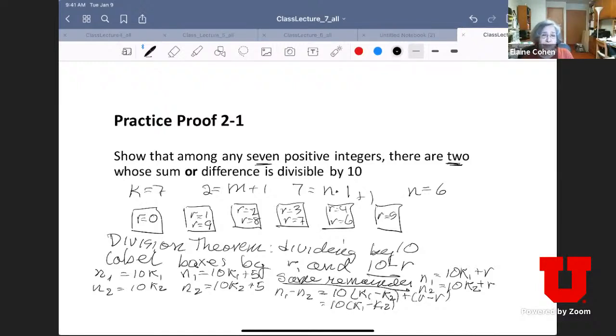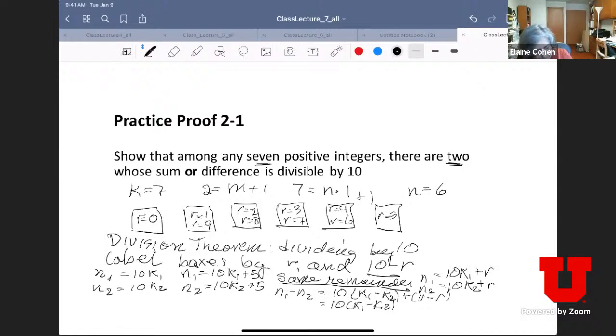And then what do we do to complete that? We say that's equal to 10 times C, where C equal to K1 minus K2 is in Z by closure. Okay. The more interesting one is remainder.